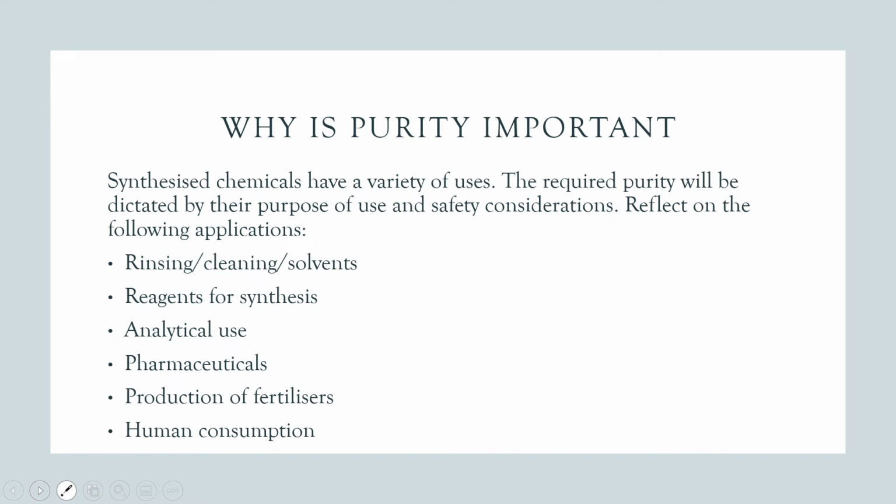But for something like production of fertilizers, we may not need to be so strict with the contaminants that are present. Obviously, we want a high degree of purity to be able to provide high quality fertilizer to gardeners and farmers. But if there are contaminants present, it's probably not as important to remove those contaminants as it would be if those materials are being used for human consumption.